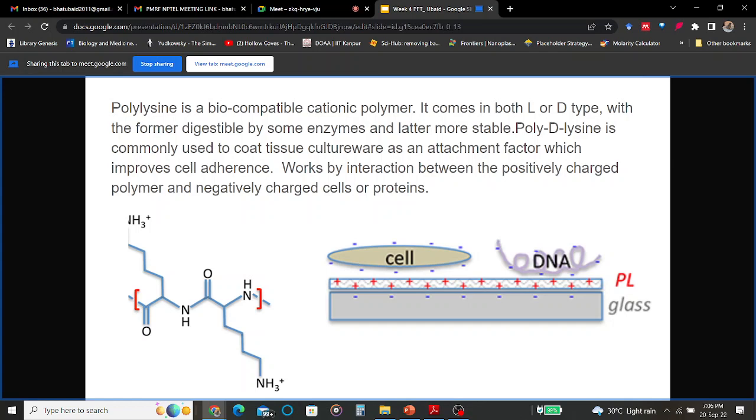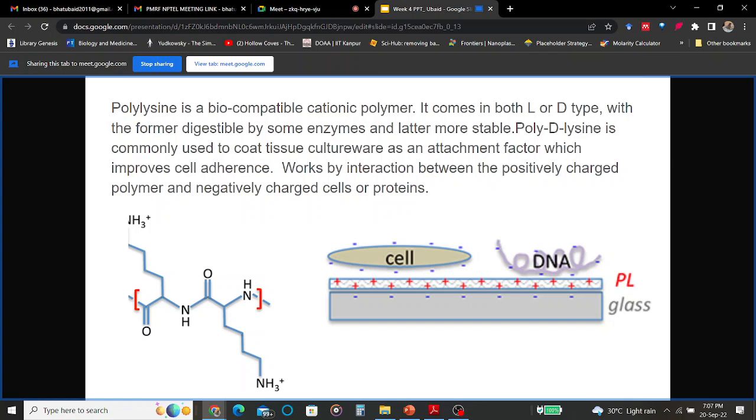This poly-D-lysine is a biocompatible anionic polymer, and it comes with two isoforms. One is the L isoform and another is the D isoform. The L isoform is very susceptible to enzymes, and these enzymes digest the L isoform, whereas the D isoform is stable to degradable enzymes.